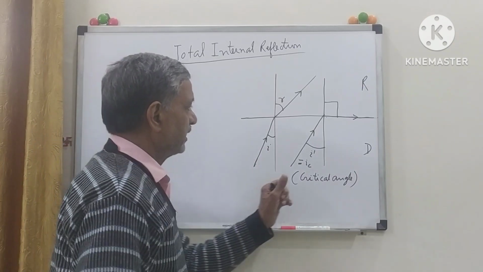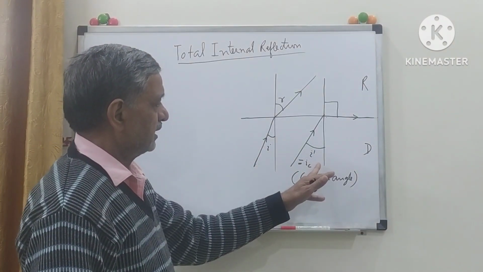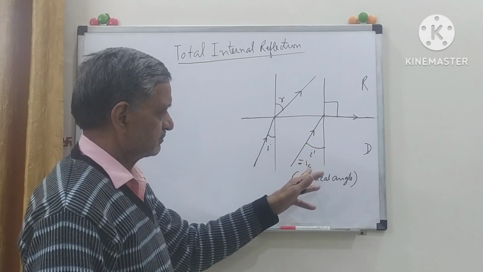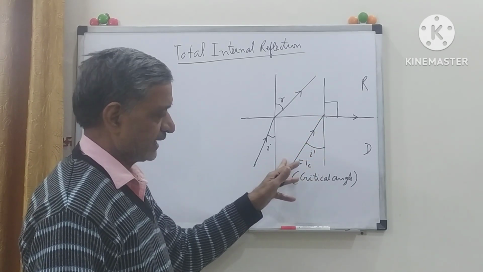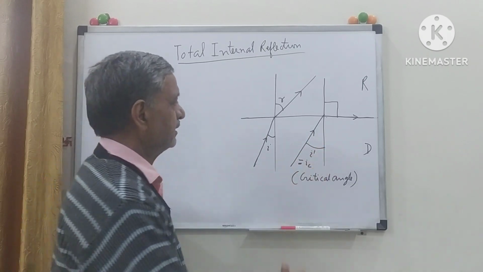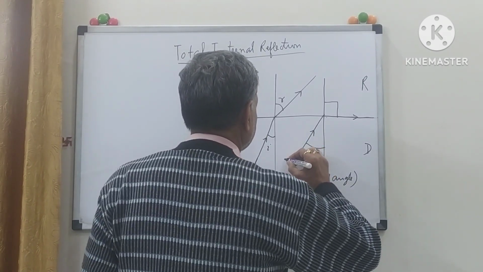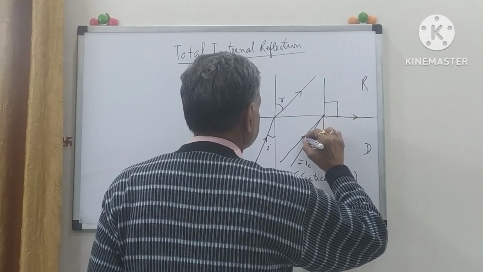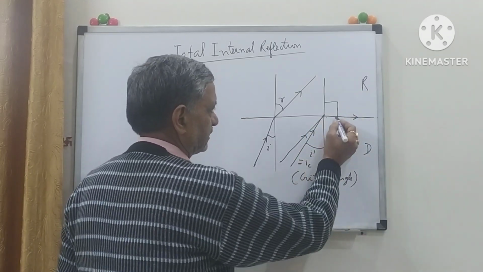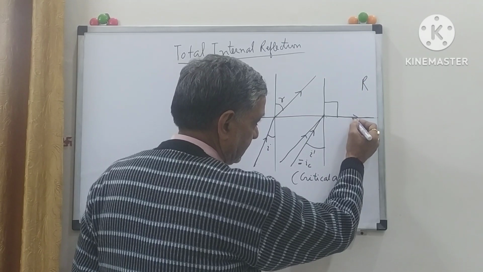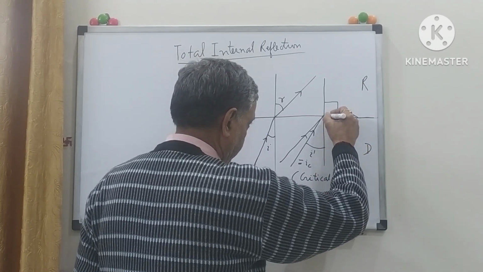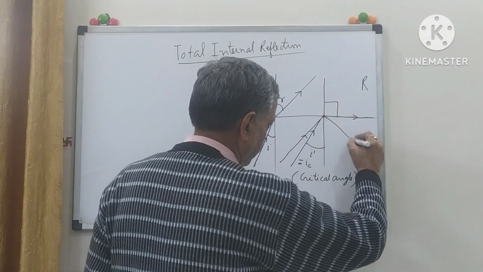Now, if again say this angle of incidence increases, that is more than I C, then what will happen? If the angle of incidence is this, then again R will increase. It means the ray will be reflected back in the same medium.